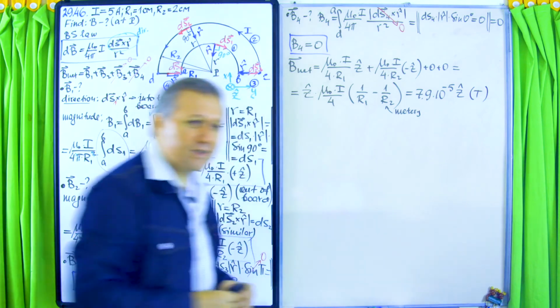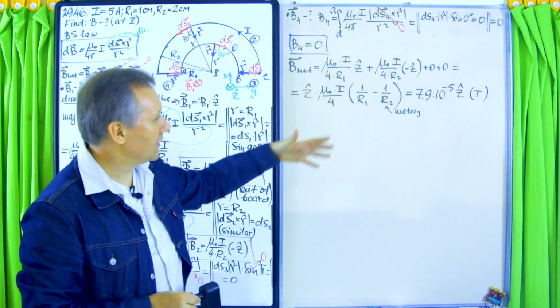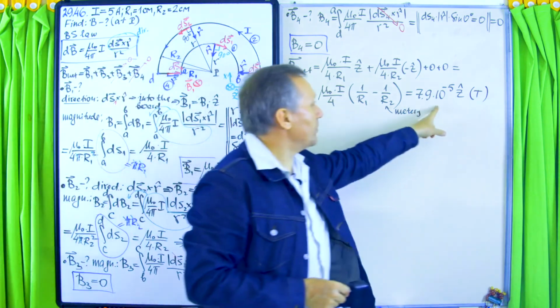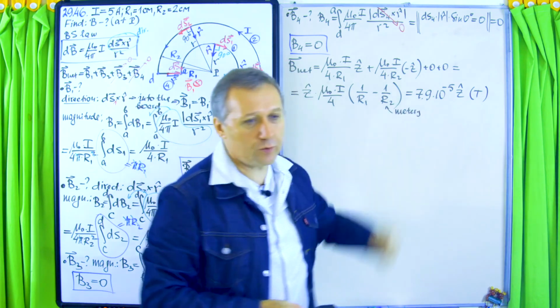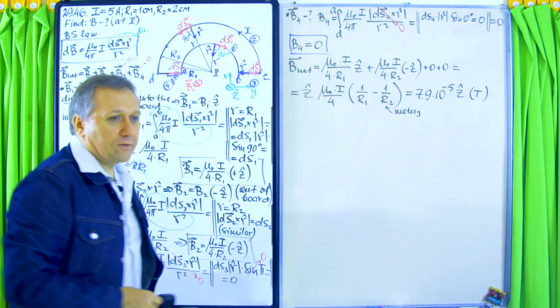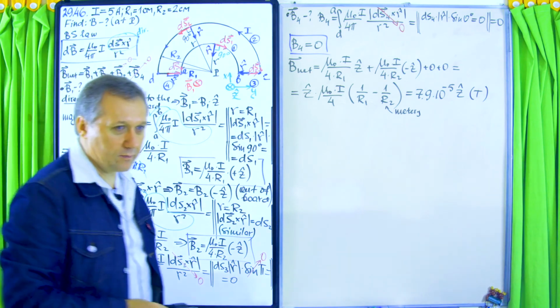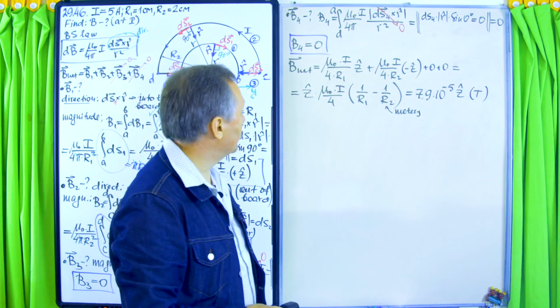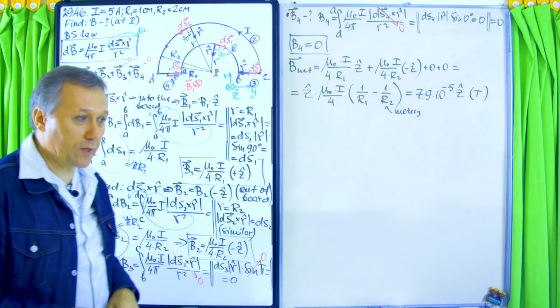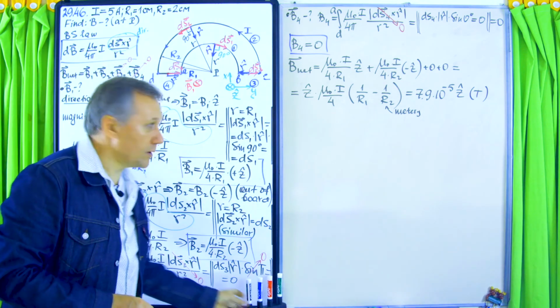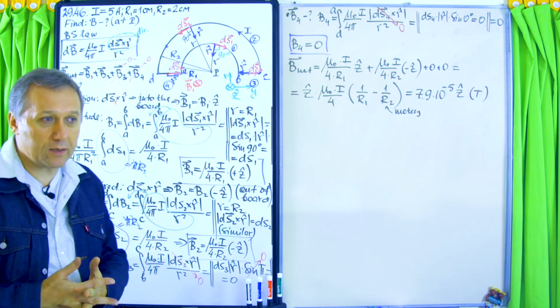In the previous problem, which I erased, we had 6.7 times 10 to the power of minus 5. So it's similar to the magnetic field strength near the surface of the Earth, 10 to the power of minus 5.